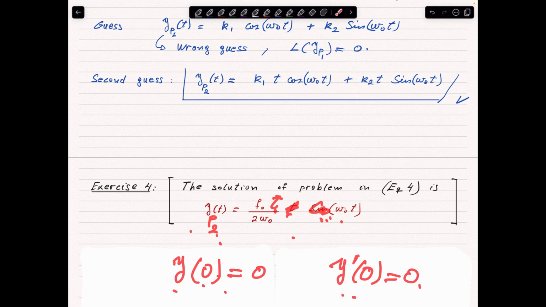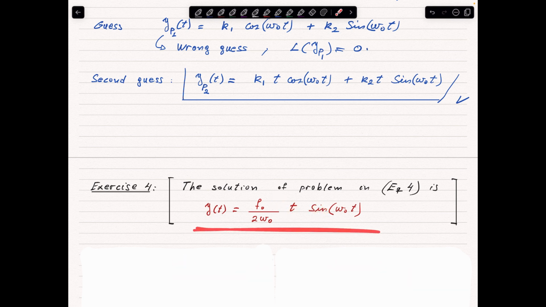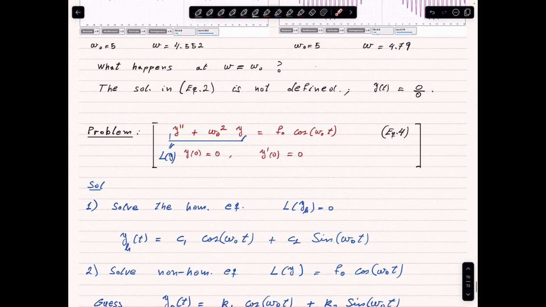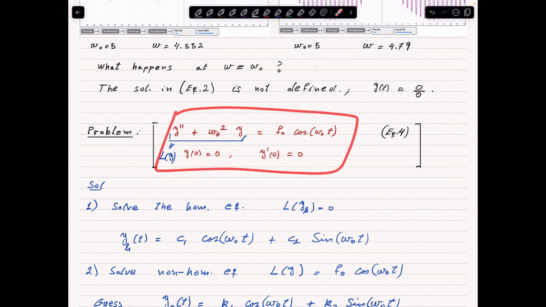So check that this function also satisfies the initial condition, so it is the solution of the whole problem in equation 4. Equation 4 is not only a particular solution, it is the whole solution of the problem. It satisfies the initial condition. We got it for free.